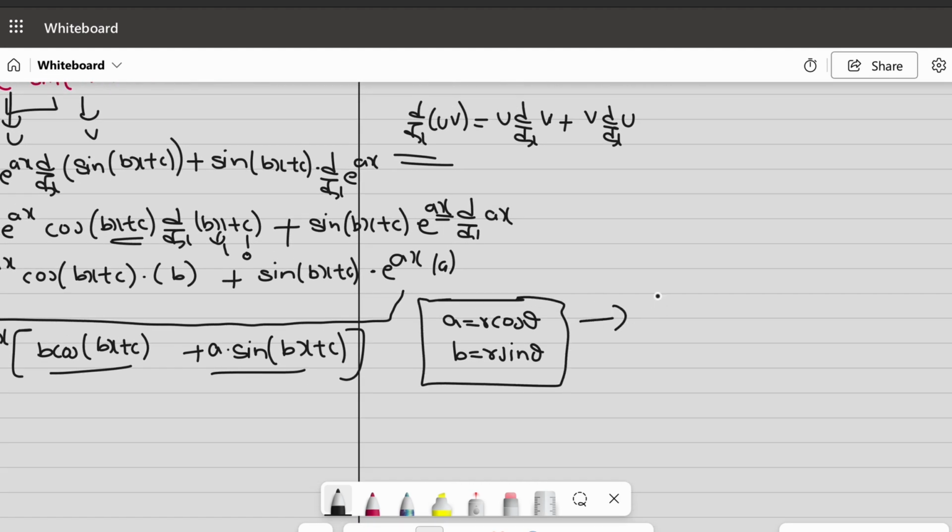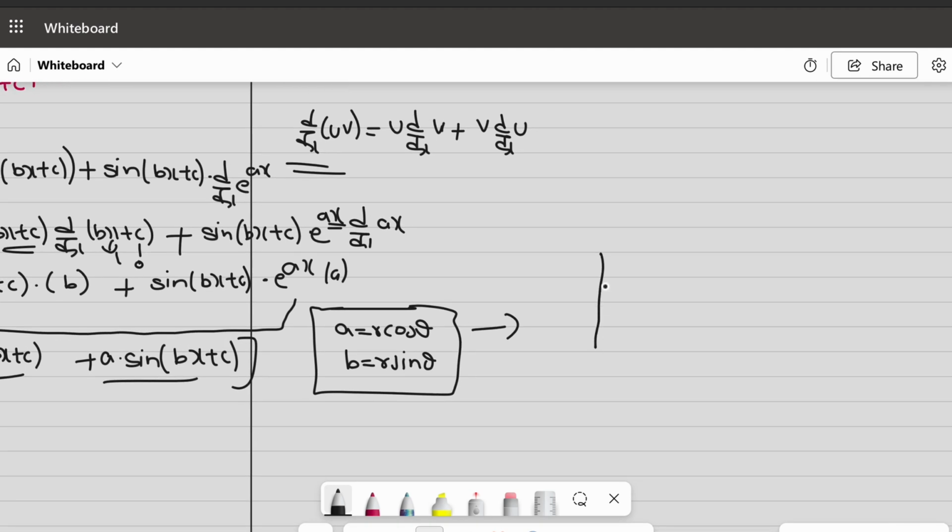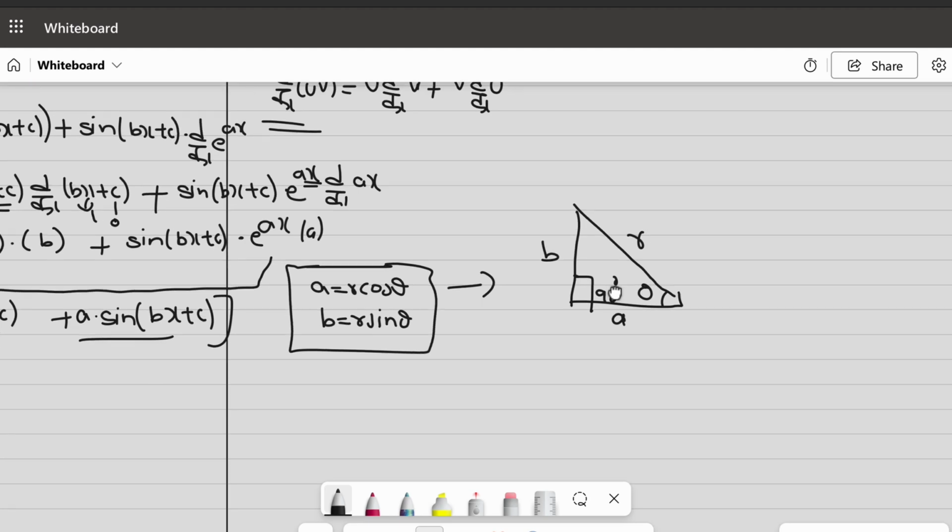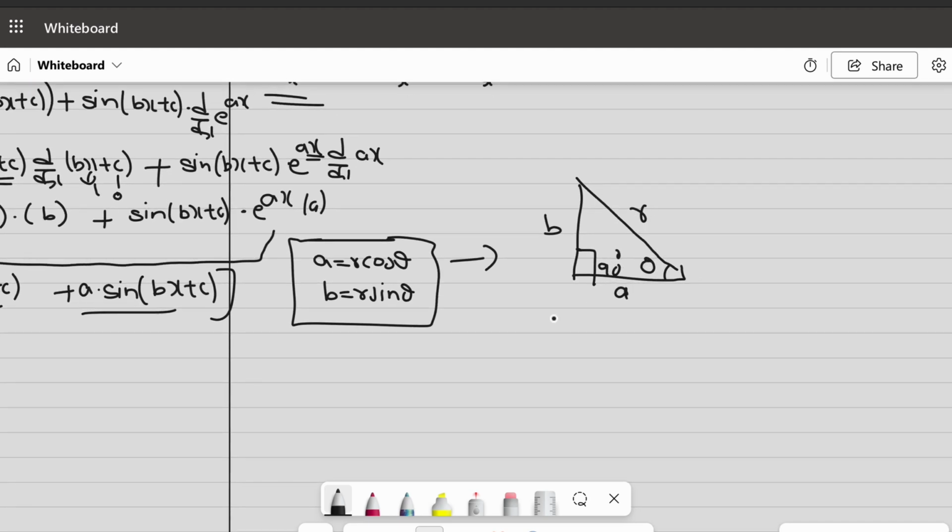These values came because of the right angle triangle. Suppose you consider a right angle triangle having 90 degrees and this angle theta, with this as the adjacent side, that is a, this as the opposite side, that is b, and the hypotenuse, that is r. We know that cos theta equal to adjacent side by hypotenuse, that is a by r.